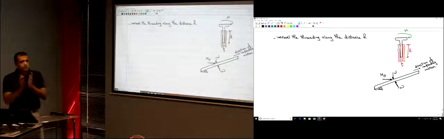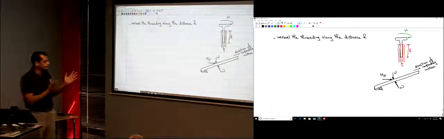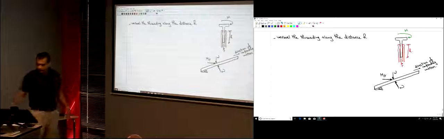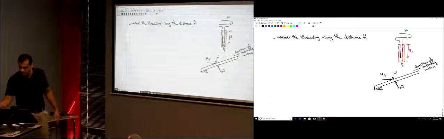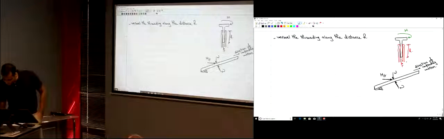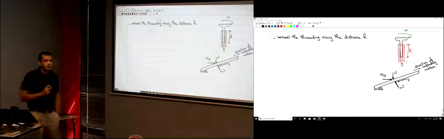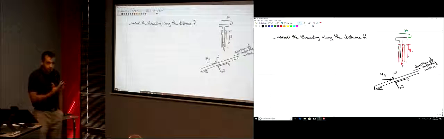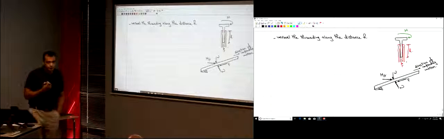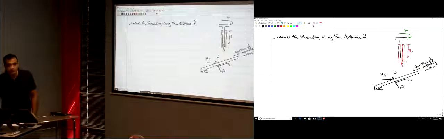So there is a normal force here due to the contact between the two surfaces, the threads and the other red part. And there is a frictional force here, F. We're asking about how much is the moment required to start the motion. So F is how much? No, not 0.